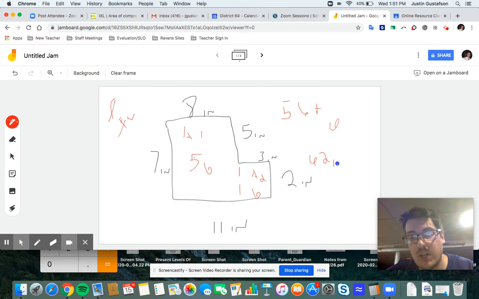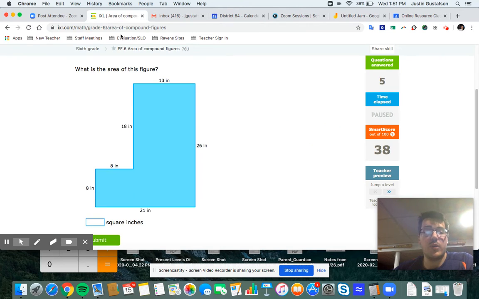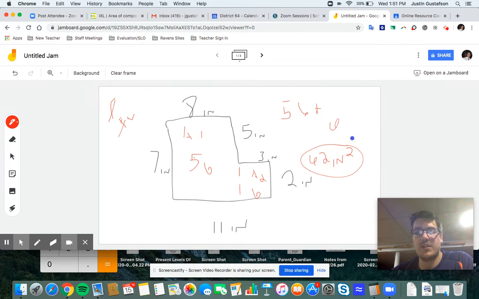What is it? We're talking inches. And when we're talking area, we have to square it. So it's inches squared. So that would be my final answer. 62 inches squared. Now, it could look like this, or when we go into IXL, we'll say square inches. Same thing, inches squared, square inches, figures of speech. We're good to go. So that's how I'm going to label it in this video.